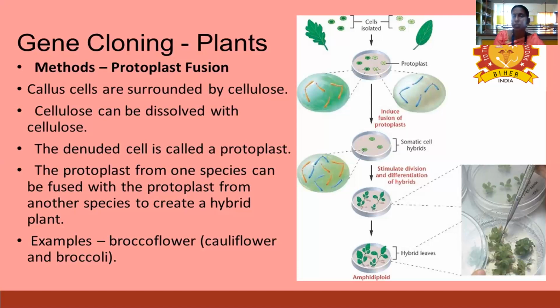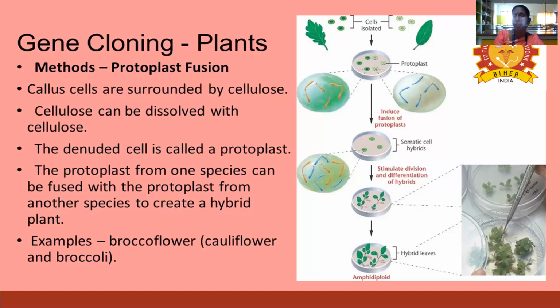What you are doing here: the first step is you take the cell, isolated from the leaf, and then remove the chlorophyll, and then you take the protoplast. The protoplast you have taken from one species can fuse with the protoplast of another species to create a hybrid plant. Example, the cauliflower, right? Nowadays different colored cauliflower is coming, right? What colors are present?